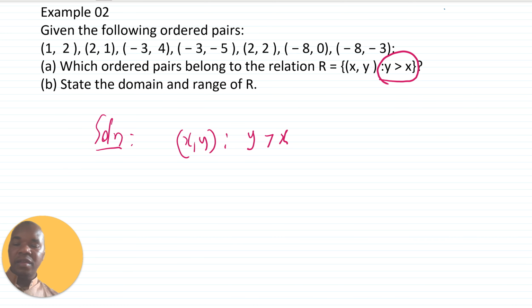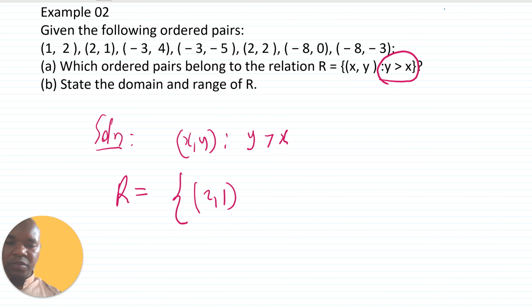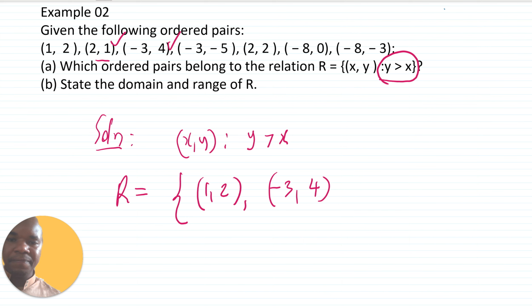From here, we can say that the ordered pairs in this R: 1, 2, and from this ordered pair you can see that y is greater than x. So (2, 1) does not satisfy. The next one is (-3, 4). Does it satisfy? Yes, it does.